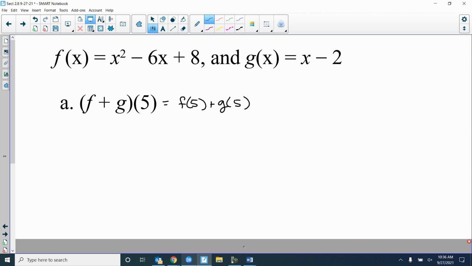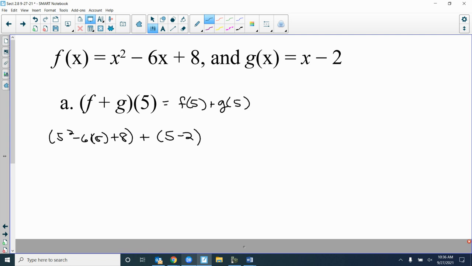So f of 5 is going to be 5 squared minus 6 times 5 plus 8. That's your f of 5. Plus g of 5, 5 minus 2. What do I get here?